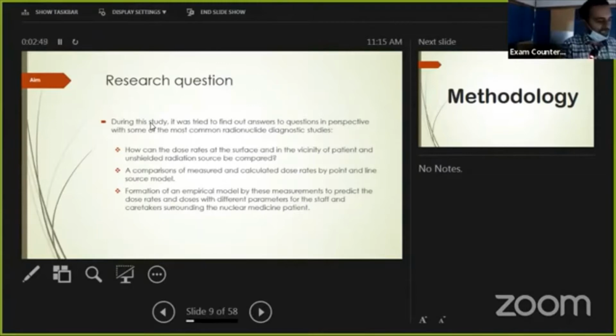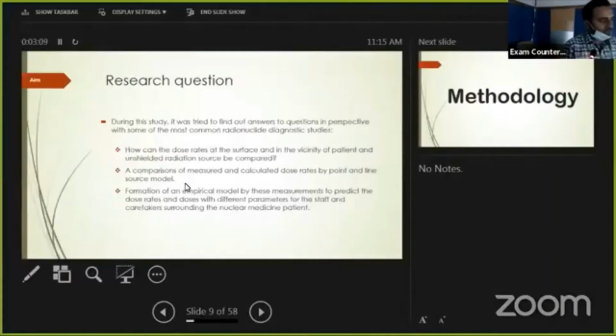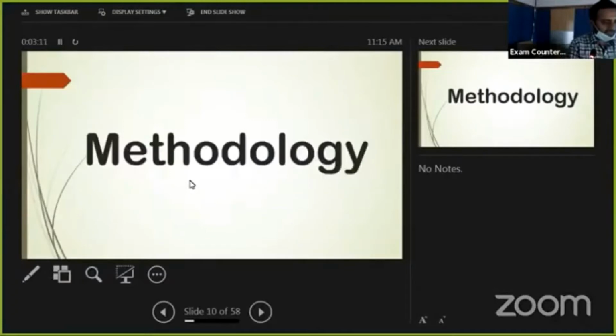How much will be the dose rate at the surface of the patient? And can we estimate dose rates for future times, after 1 hour, after 2 hours, so that for the accompanying people, the staff or other attendants coming with the patient, we can work out how much dose they will get? We want to inquire into this in this research.